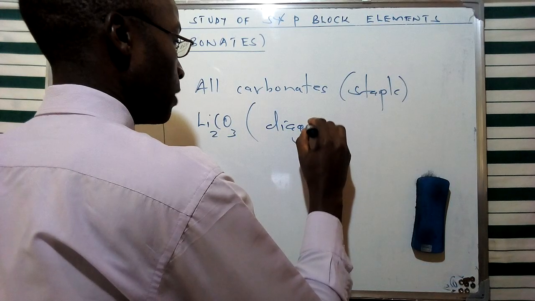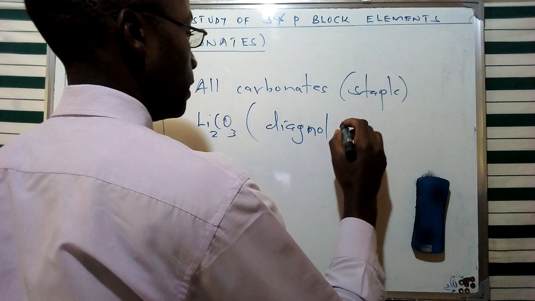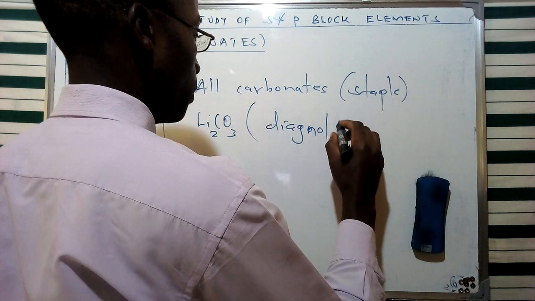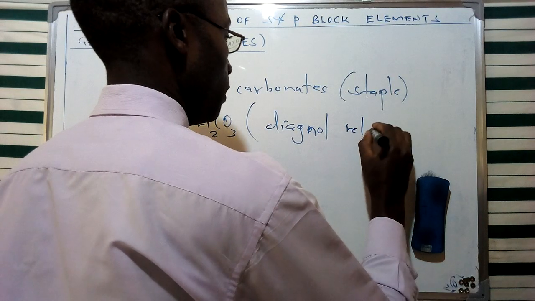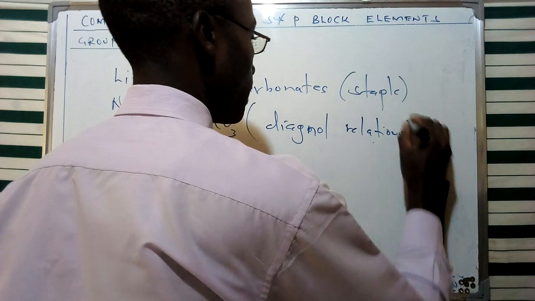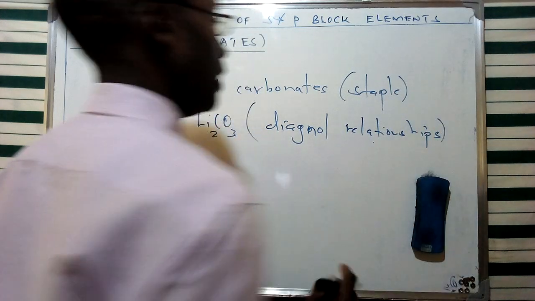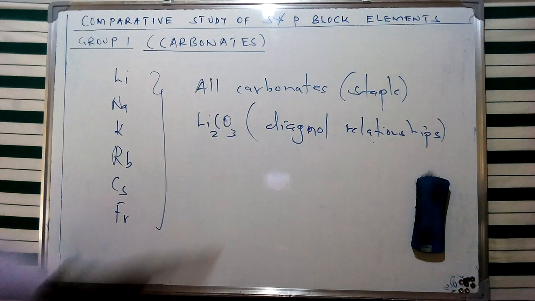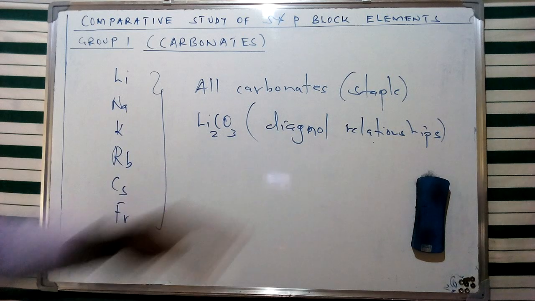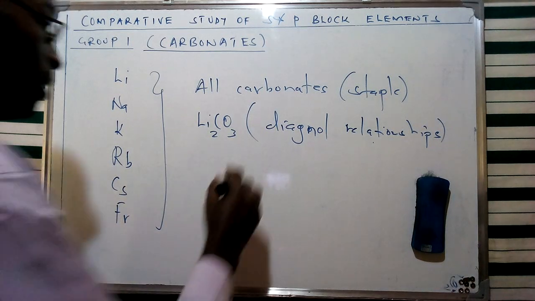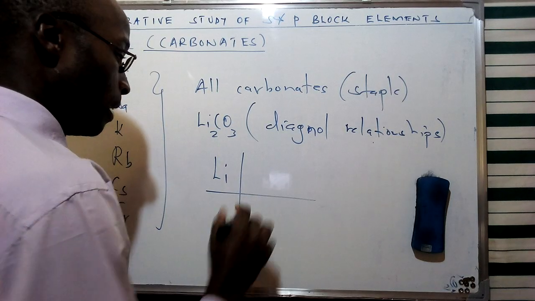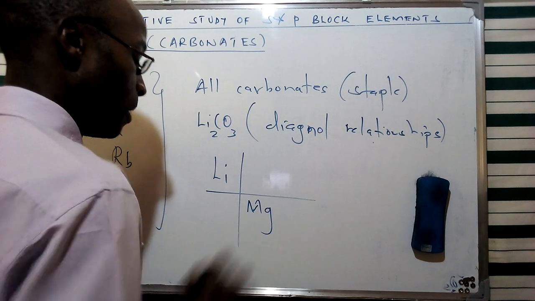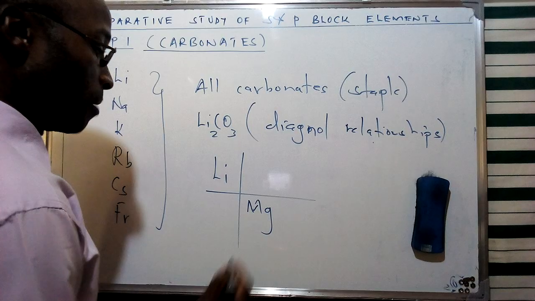Now, in this particular case, we are going to see that lithium and other elements, which I'm going to mention, are going to exhibit diagonal relationships, in a sense that if we look at the periodic table, we're going to have this specific element of lithium, and we're going to have a diagonal member which is going to be given as magnesium.